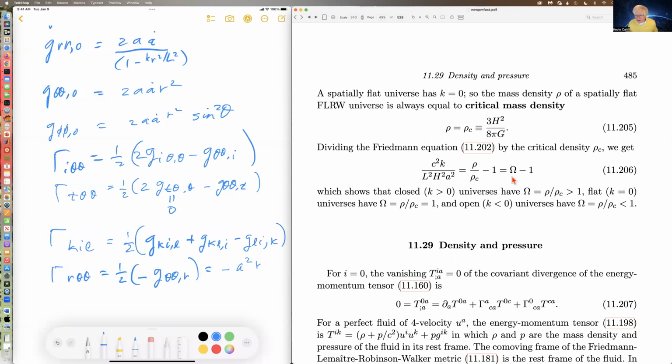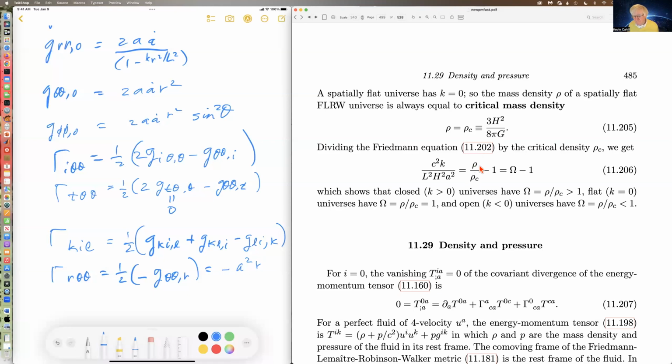So omega is the mass density over the critical mass density. And when I say mass density, I'm including the mass density of radiation, the mass density of dark matter, the mass density of dark energy. It's the total mass density. In other words, it's the energy density divided by c squared.